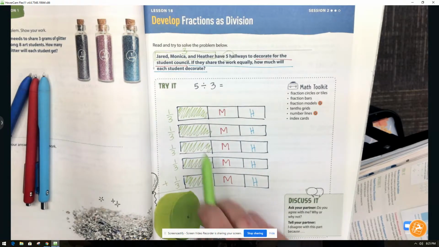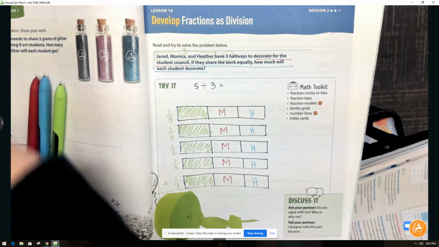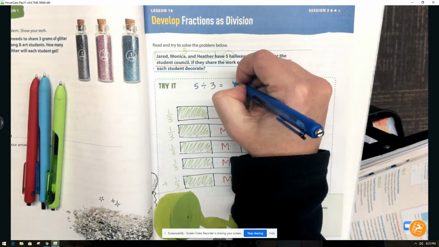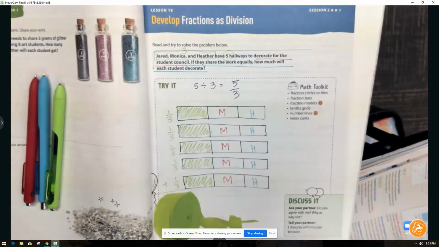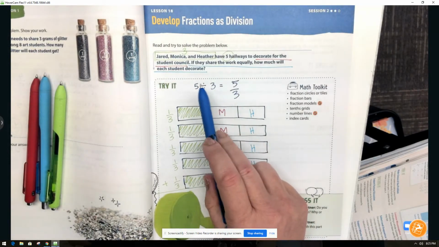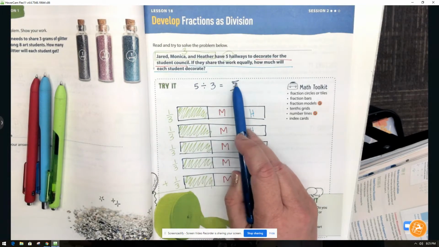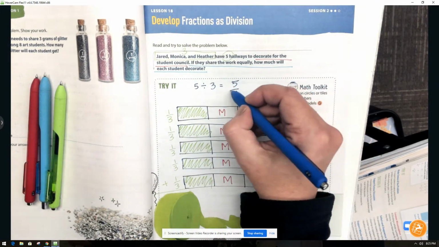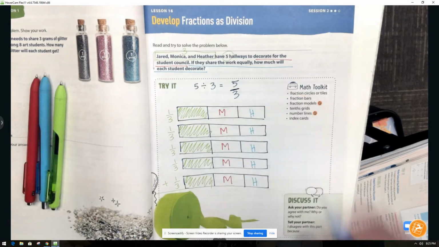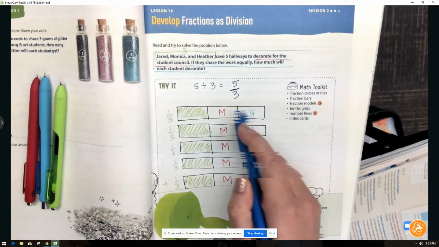If we added all of these thirds together, how many would we get? You guessed it, we would get 5 thirds. So the way that we got there, remember, 5 divided by 3 equals 5/3. But this is what it looks like in a picture.